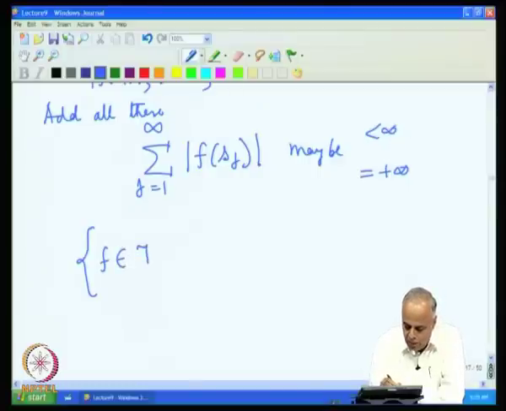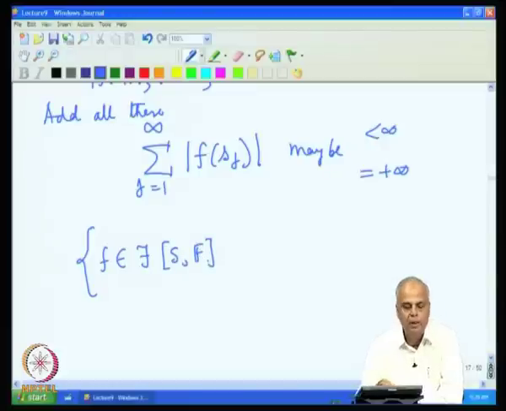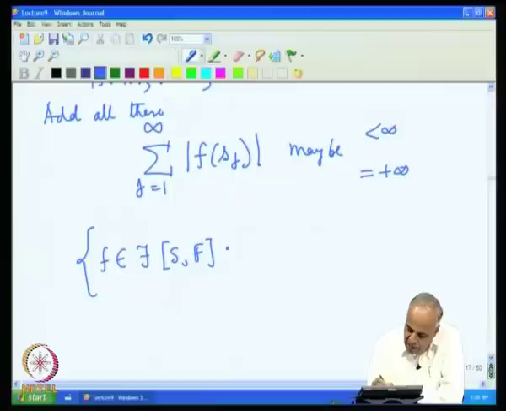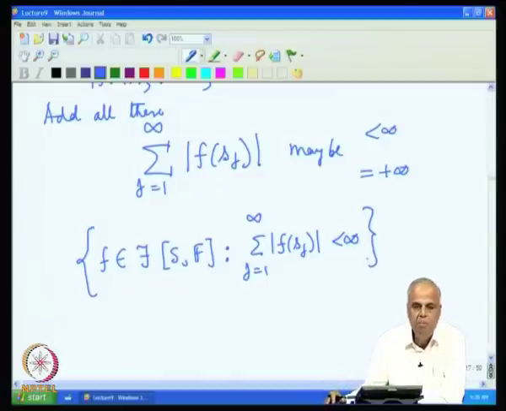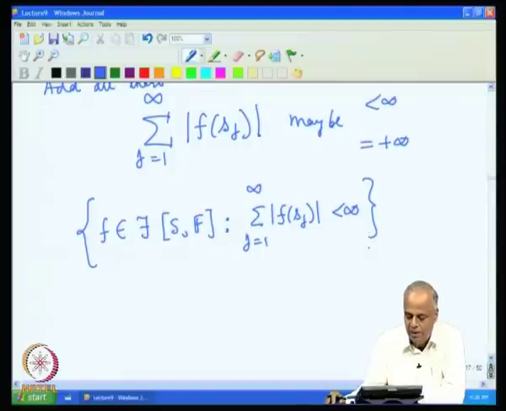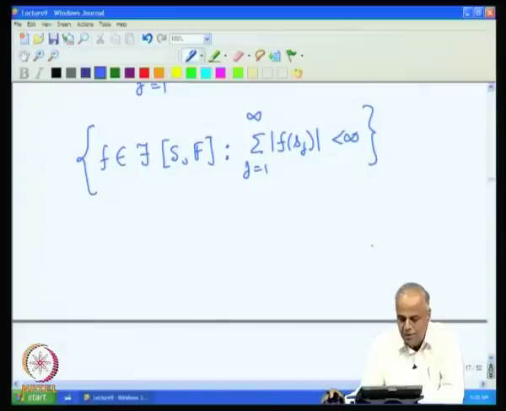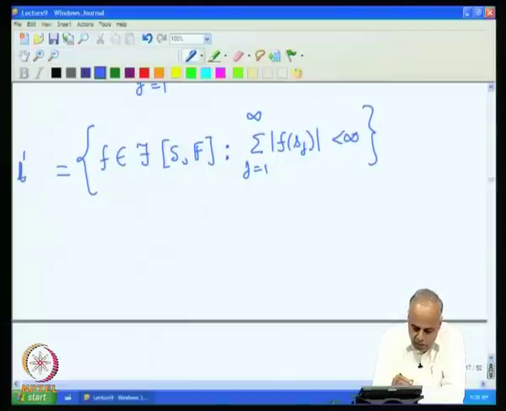So, we are going to look at all those functions from S to F, where again I remind that F can be R or C, such that summation j equal to 1 to infinity of mod f(sj) is less than infinity. The sum of the absolute values is under control, it is finite. So, consider the set of all such functions. This is called l1, we will use the little l1.